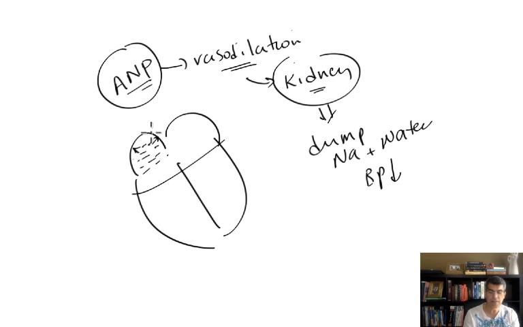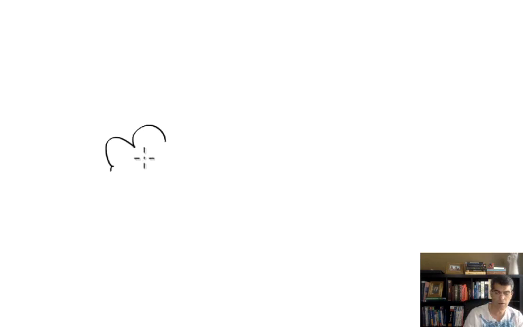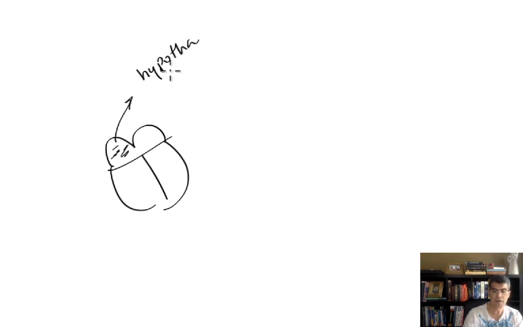As you can see, the receptor that you have in the wall of this atrium, by releasing ANP, is going to make the blood pressure go down because it's going to make you lose water and sodium. Also, when the pressure inside the right atrium goes up, that is going to send a signal to the hypothalamus and tell the hypothalamus that pressure is up, too much fluid.